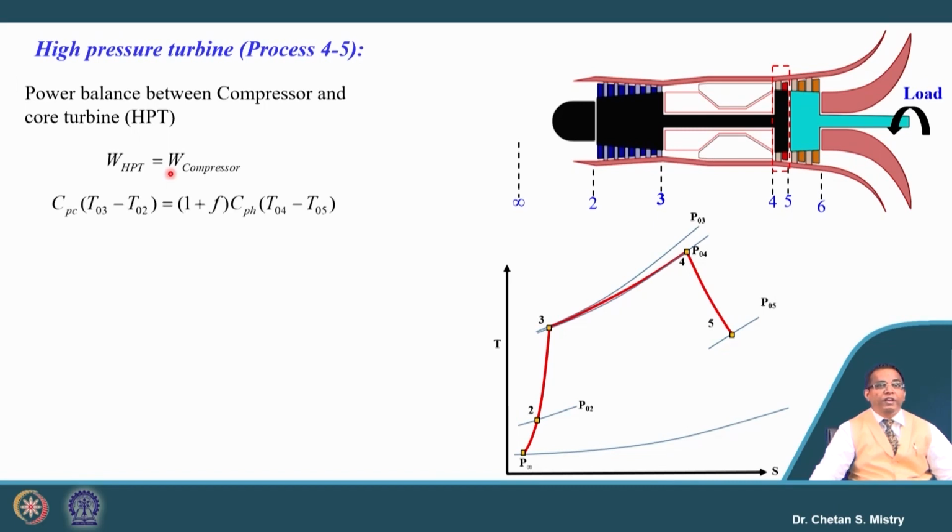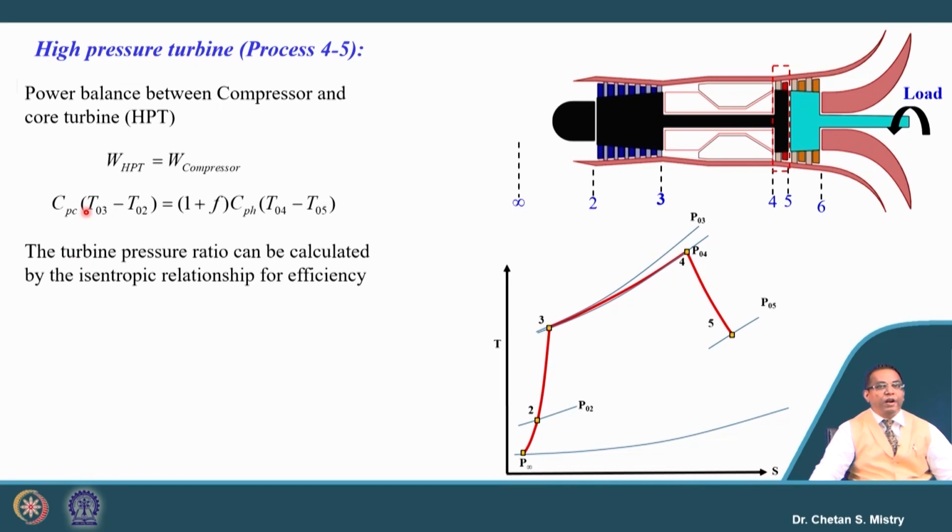This work we can represent as m CP delta T0, it is m dot infinity, and here it is T03 minus T02, that is representing the compressor work, and 1 plus f CP delta T0 is representing our turbine work. From both sides m infinity is going out, so we are cancelling that part.